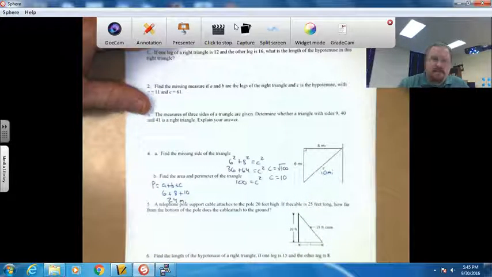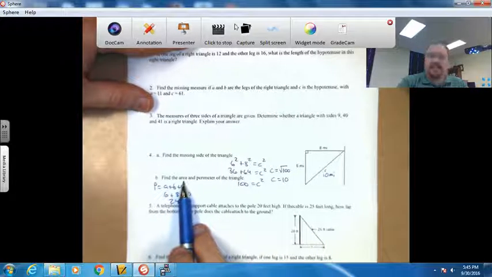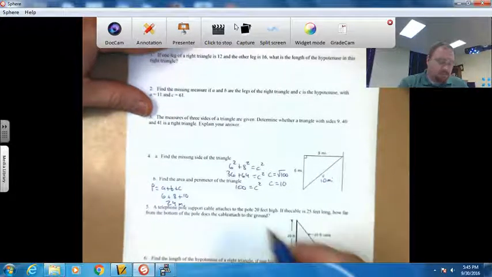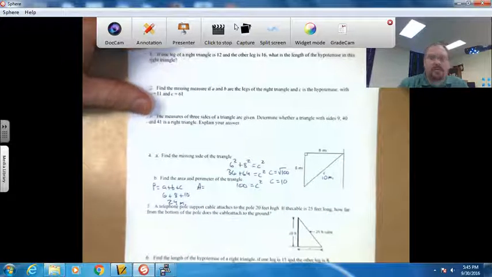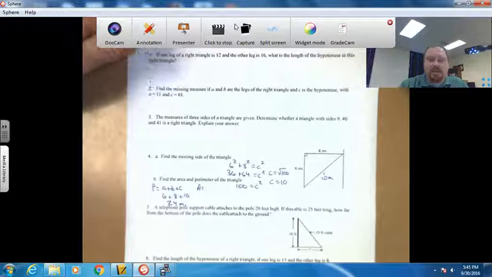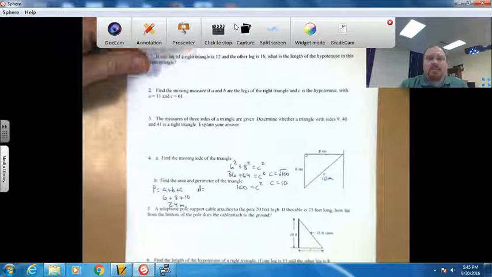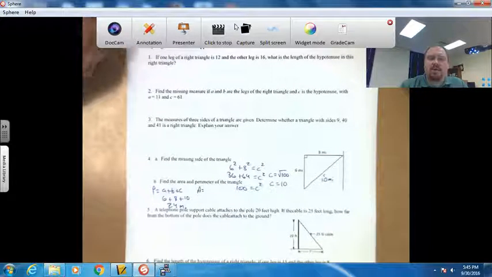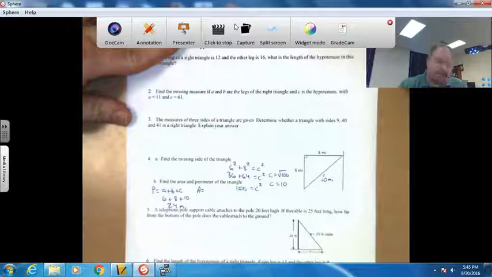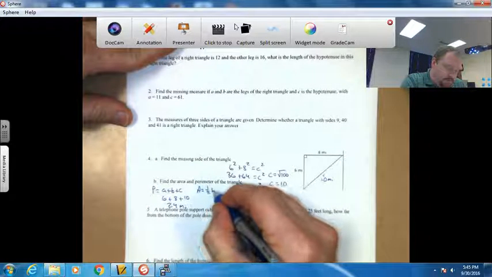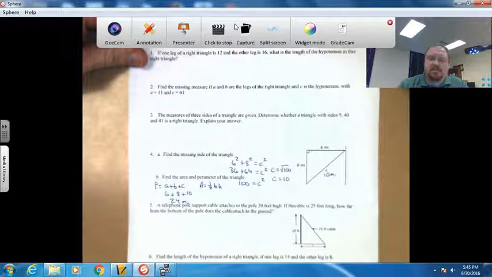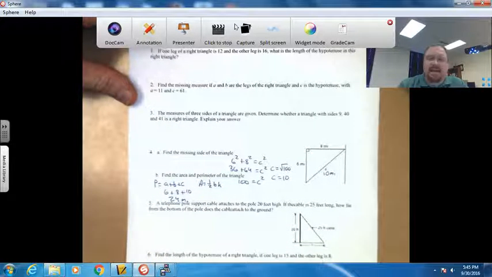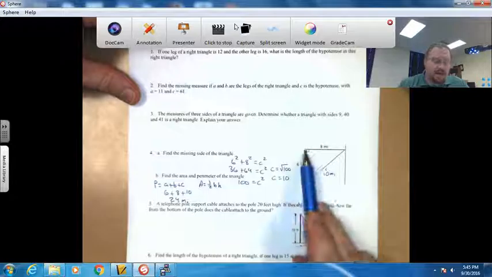Now, what they also want is the area. And remember, area of a triangle, that's one of the few formulas that we are going to ask you guys to remember. The area of a rectangle is length times width. Area of a triangle is 1/2 the base times the height. In a right triangle, the base and the height are the sides that make the right angle.